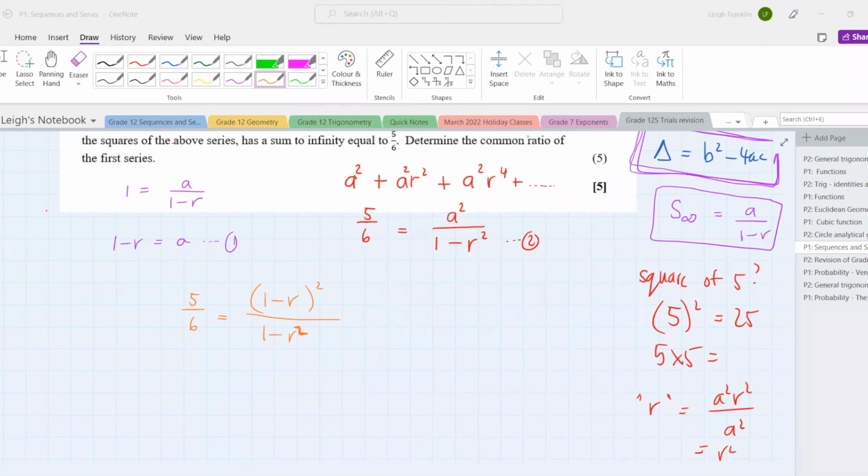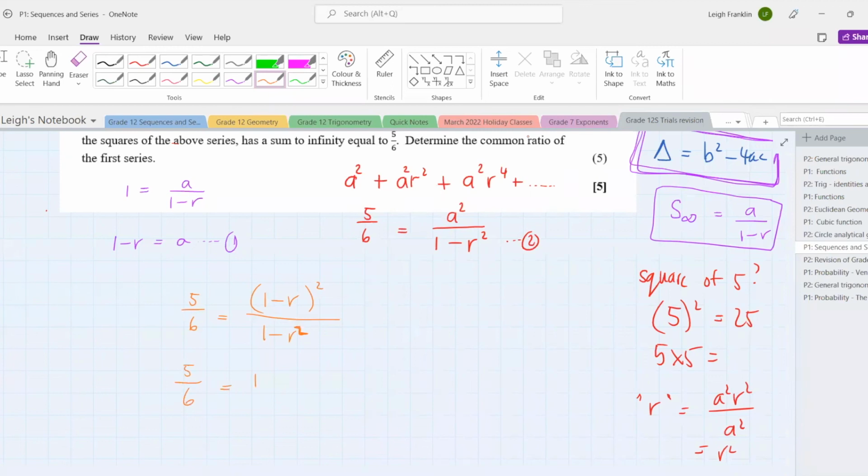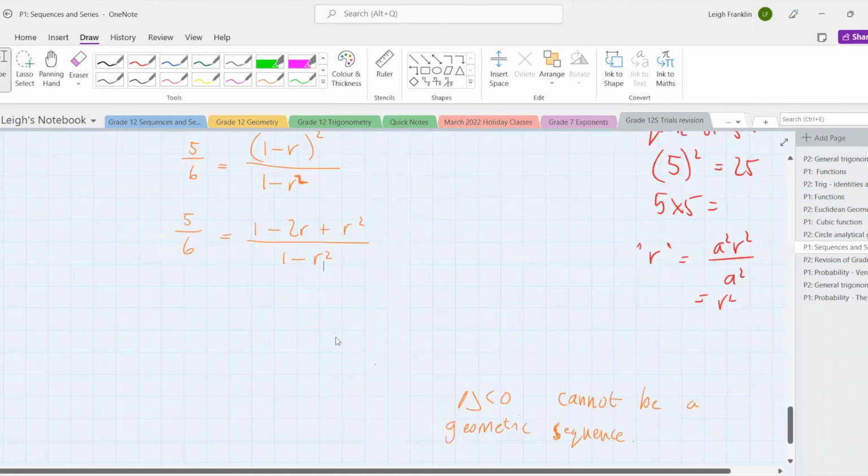Okay, so I can expand that. So I'm going to end up with 5/6 equals 1 minus 2r plus r squared all over 1 minus r squared. Now what do I have to do?